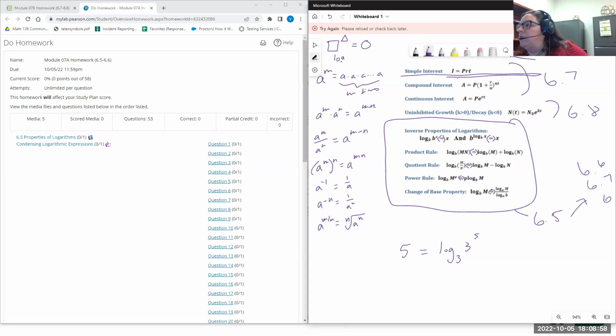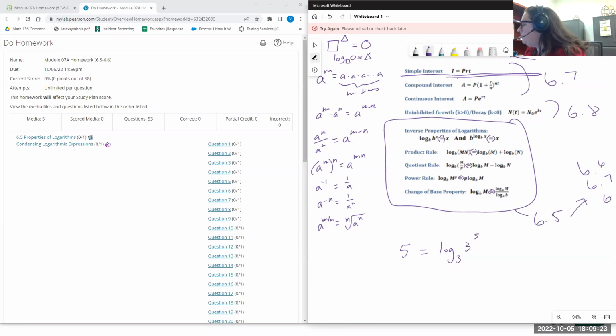The base of the log corresponds to the base of the power, and then it's log of what the exponent was equal to, and then the log is equal to the power from the exponent form. So it's again about the positions. You could use any letters for any of those, but I just use shapes to emphasize that it's about the positions.